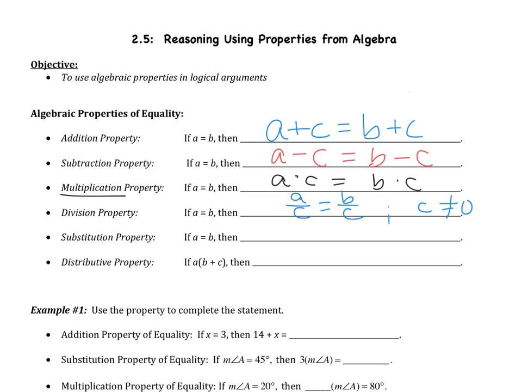All right. Substitution property of equality. What this is basically saying is if A is equal to B, they are interchangeable. They're the same amount.